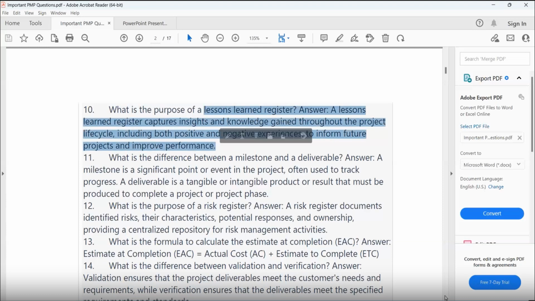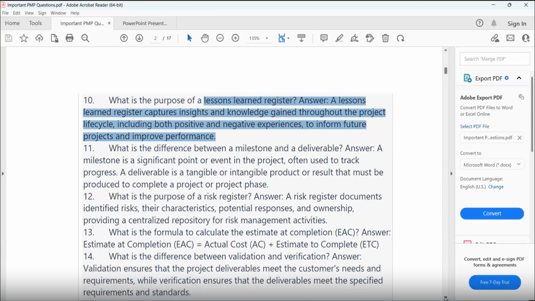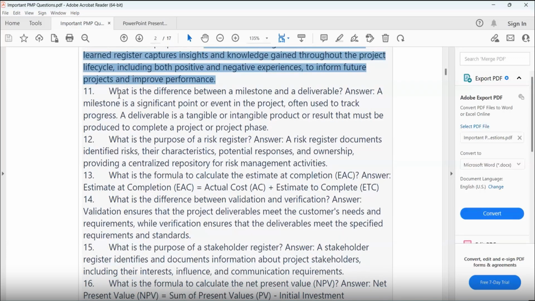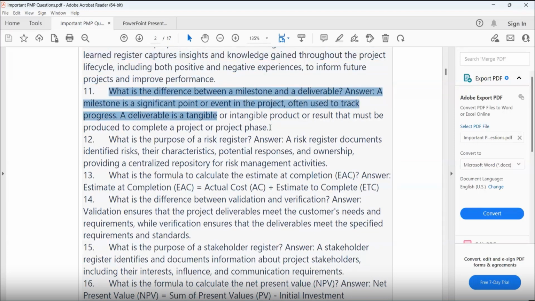So this is the lessons learned register of life. In the same way in the project, whatever good thing has happened, bad thing has happened, what are the experiences that you have gained, what things you did great, you put all those things in the report. So it becomes a lessons learned register for people to understand.